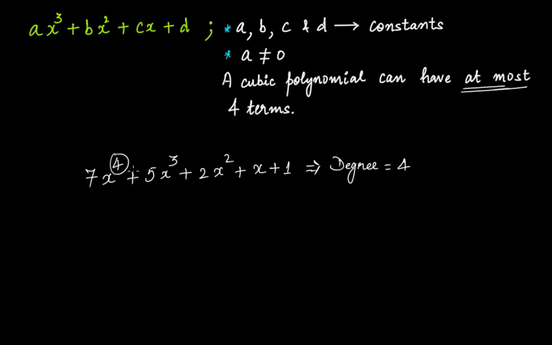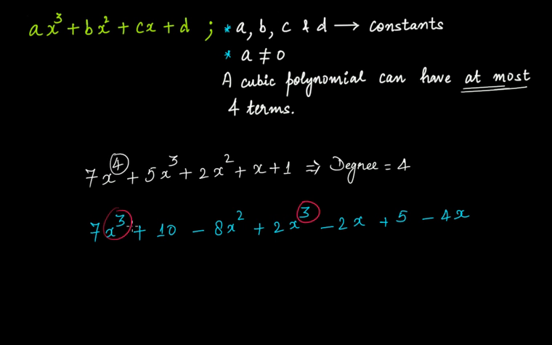So what about this one? If someone might say, hey, you know what, it's 7x cubed plus 10 minus 8x squared plus 2x cubed minus 2x plus 5 minus 4x. So if someone comes and says that here you can see the degree is 3, because this is the power of x which has the highest exponent of 3.